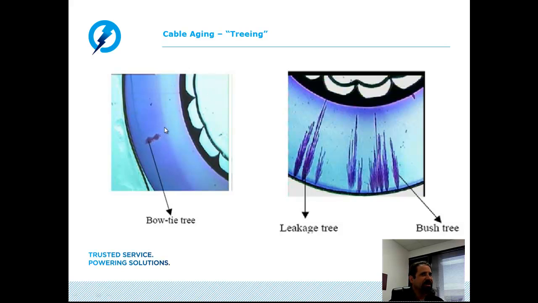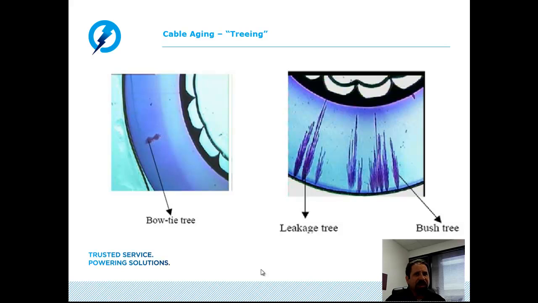Over here we can see an example of a bow tie tree, and in this picture we can see various examples of the vented trees. Now, bow tie trees are water trees that grow from within the insulation outward toward the surfaces of the insulation.